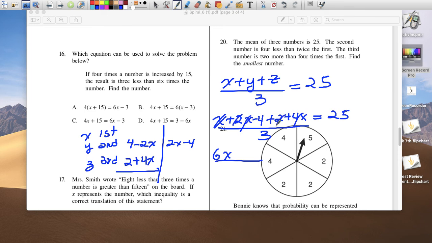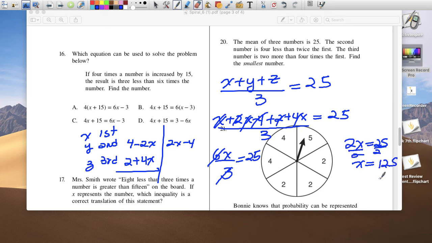So I have 6x on top over 3 equals 25. I can simplify this: 6 divided by 3, so I get 2x equals 25, and x equals 12.5. I divide both sides by 2.